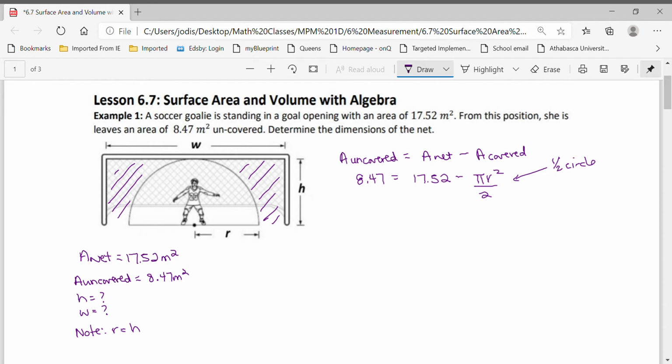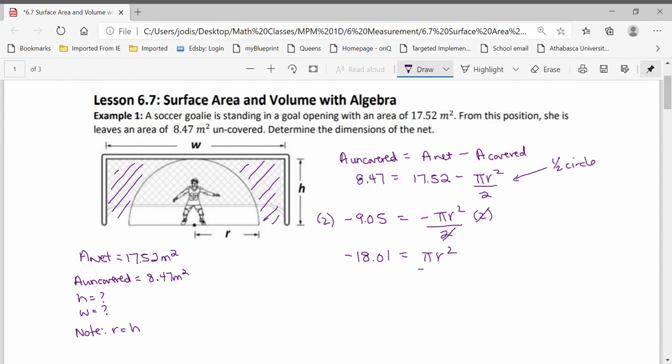Okay, so from here, we can just do some algebra. So we're going to move this 17.52 over, and we get negative 9.05. And then over here, we're left with that, right? Move this 17.52 over, becomes negative. Then we got to get rid of this 2, so we're going to multiply both sides by 2. So this is negative 18.01, which equals pi r squared.